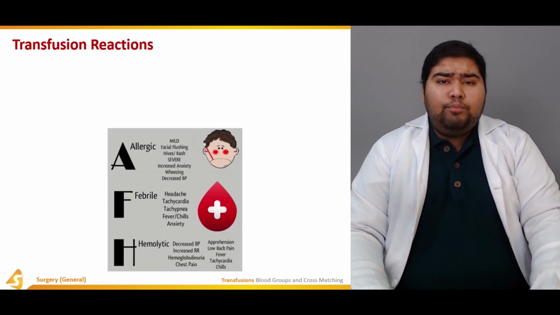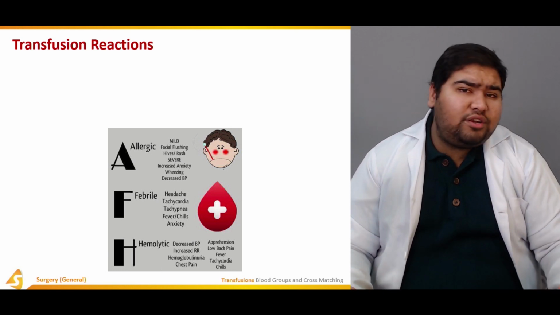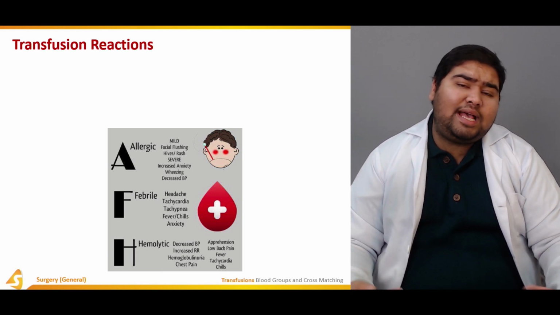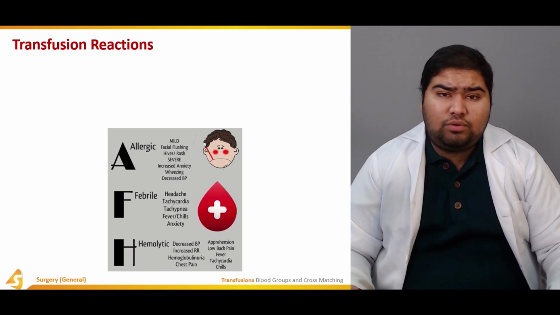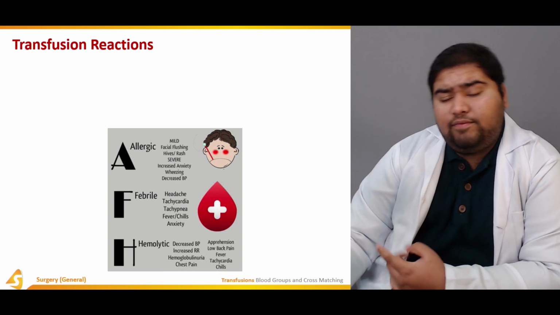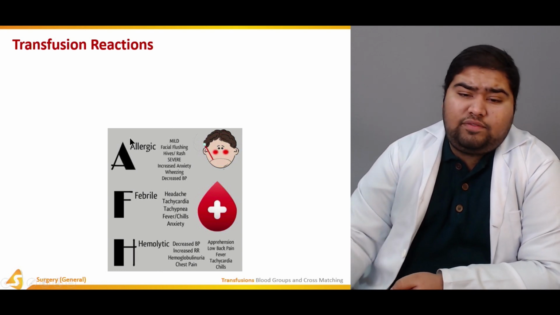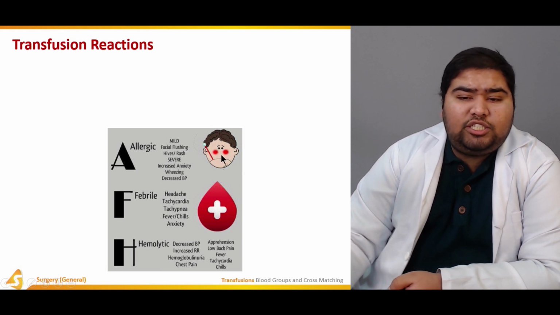Now, moving on to the transfusion reactions. Transfusion reactions, as the name indicates, are reactions that occur in response to transfusion. So let's look at the figure first and we'll go from there. The transfusion reactions can be allergic. So we can see mild flushing of the face. Here you can see this is flushing of the face.